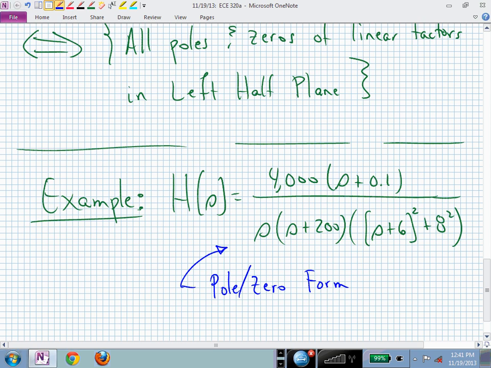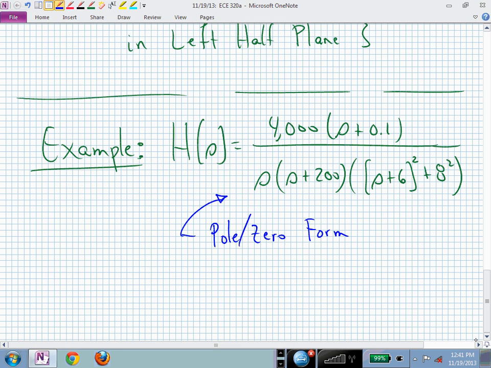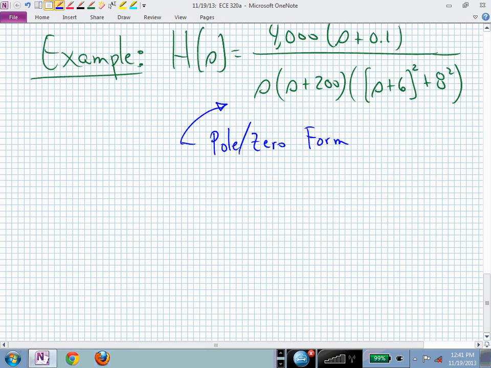But before we do that, sometimes it's nice to just know where everything is before you proceed any further. Let's remind ourselves of what we have. Do we have any finite zeros? It's at minus 0.1 radians per second. That's the value of s that causes that numerator to vanish.